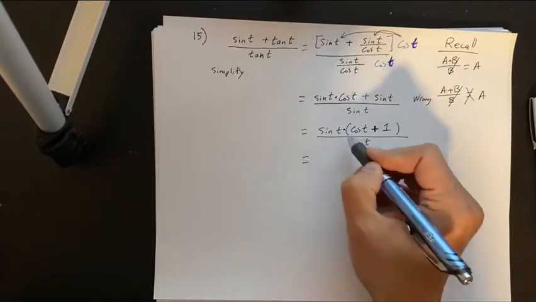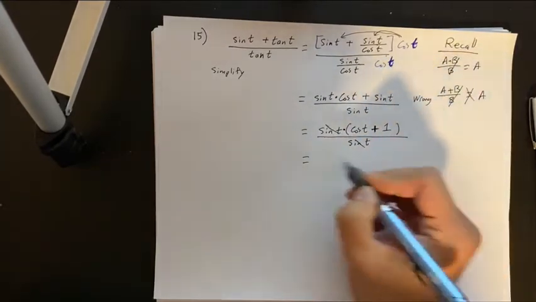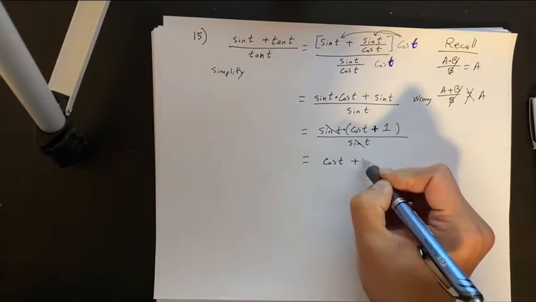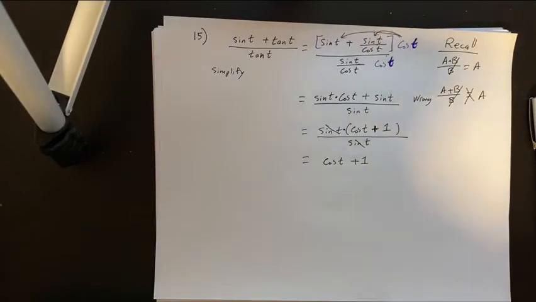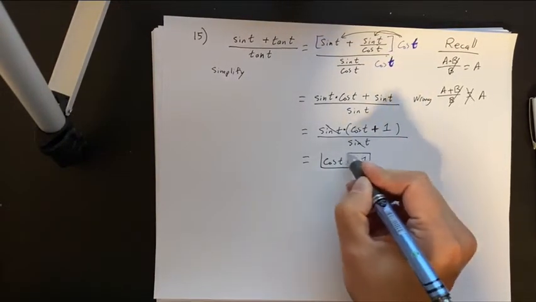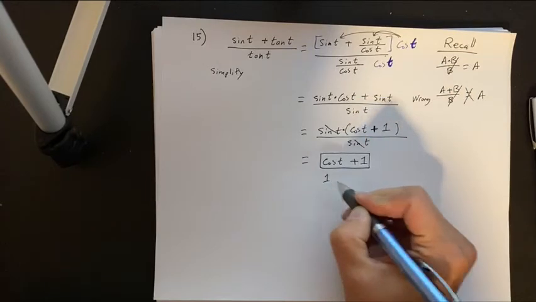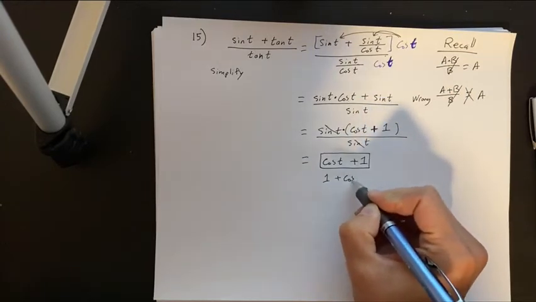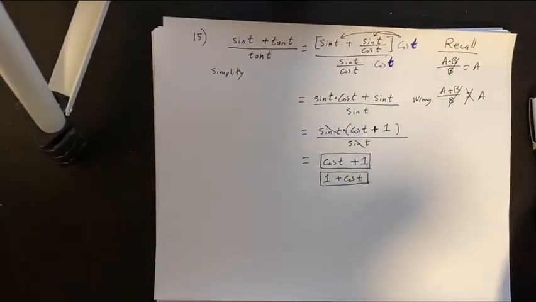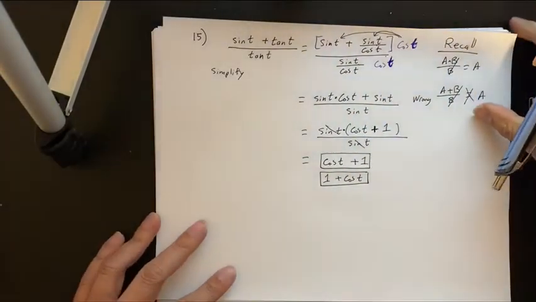So once I cancel that sine t, you're left with just cosine t plus 1. Okay? And that's it. You can rewrite this as 1 plus cosine t. All right, so that's number 15.